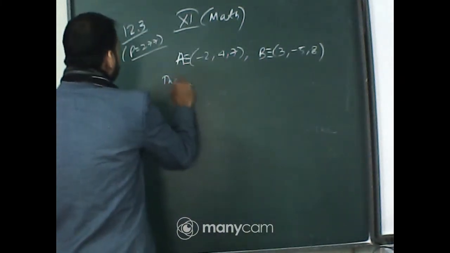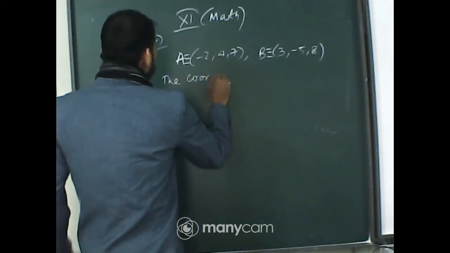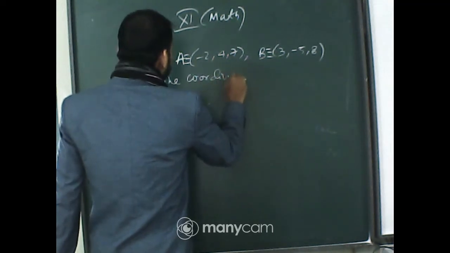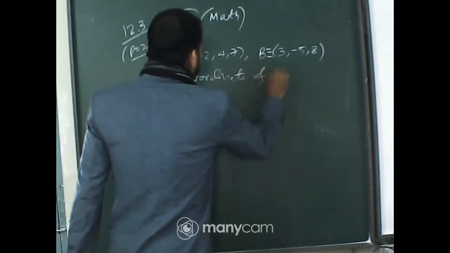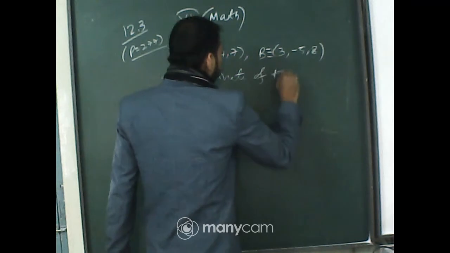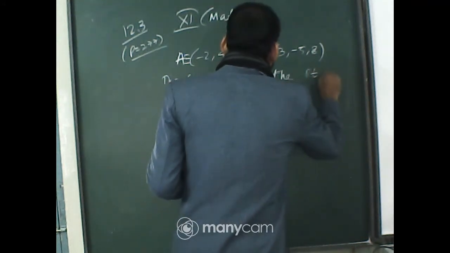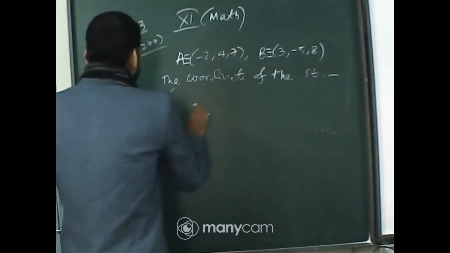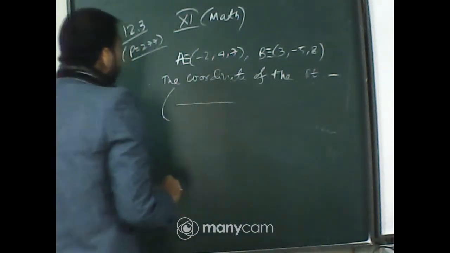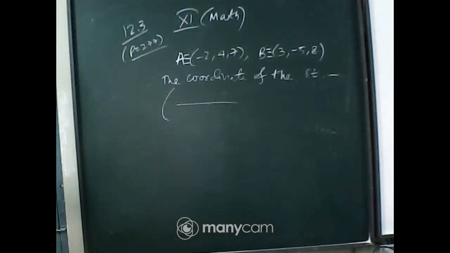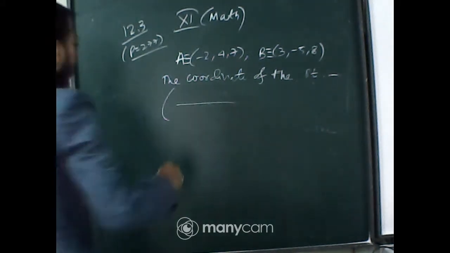Therefore the coordinate of the point, we know the formula, that is mx2 plus nx1.